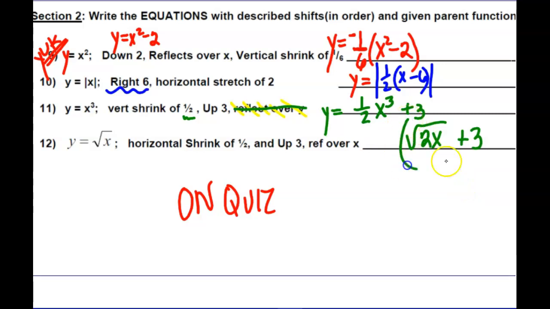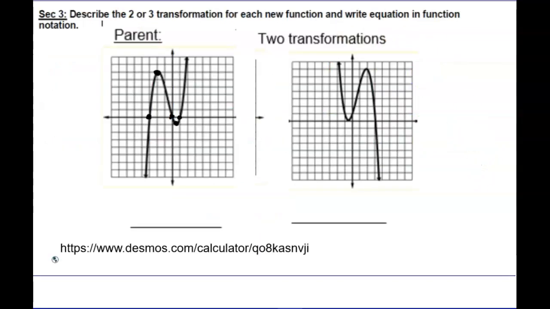We'd put a negative, but we'd actually have to put it in parentheses because otherwise you would do the reflecting before you shifted up 3 and it would be different. Okay, just skip this on the quiz business because they were harder than I thought. I'm kidding. I will put that idea on the quiz and not that hard. Not that hard at all.